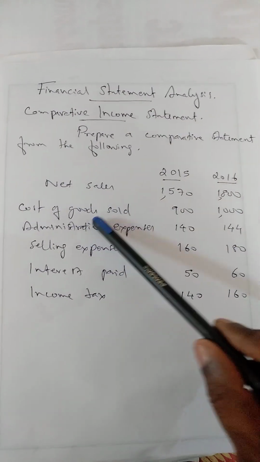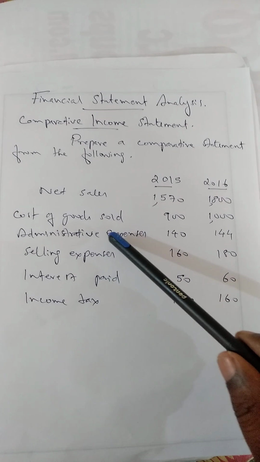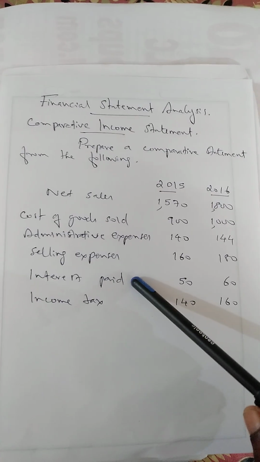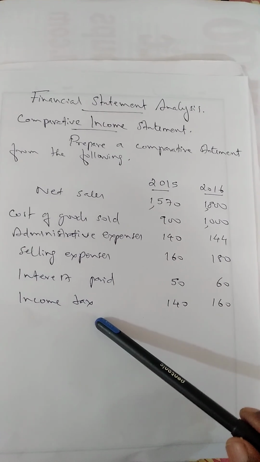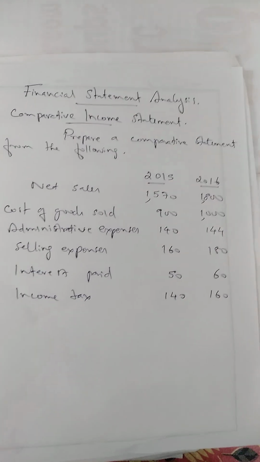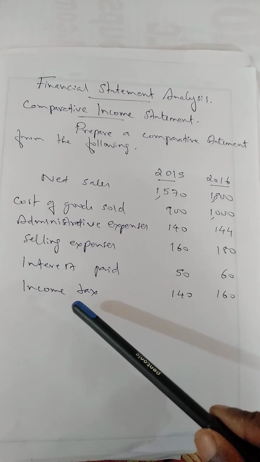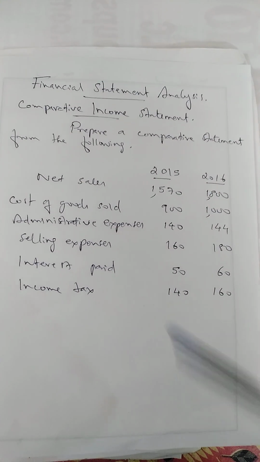Sales is there, cost of goods sold means the direct expenses, administration and selling expenses are operating expenses, interest paid is a non-operating expense, and income tax is a legal obligation. Only if the business organization earns profit does it become liable to pay income tax. So this is the nature of the items that appear in the question.